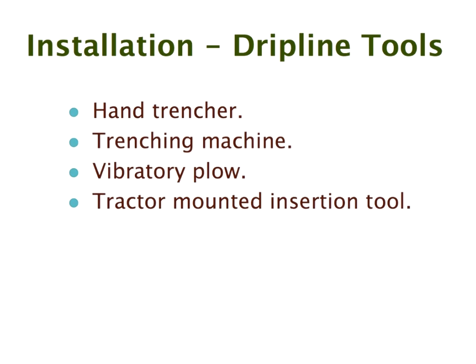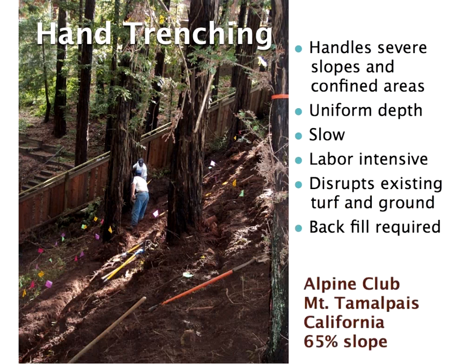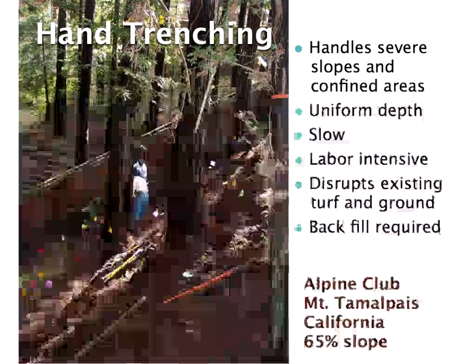Okay, there are various techniques of installation. You can just trench by hand. You can use a trenching machine, you can use a vibratory plow, or you can use a tractor-mounted insertion tool. Most people to date tend to use a tractor-mounted insertion tool, but that depends on how much work the contractor gets.